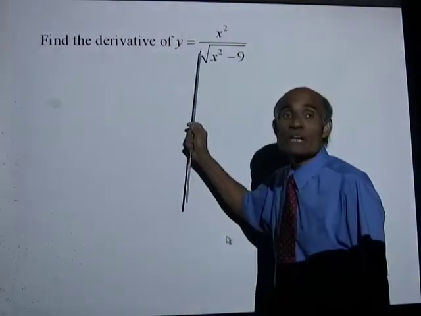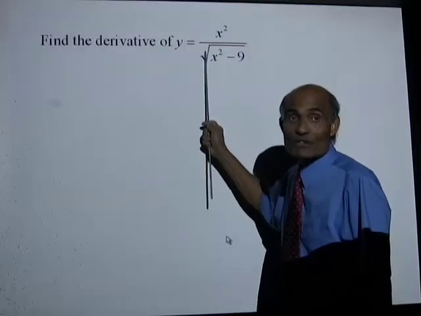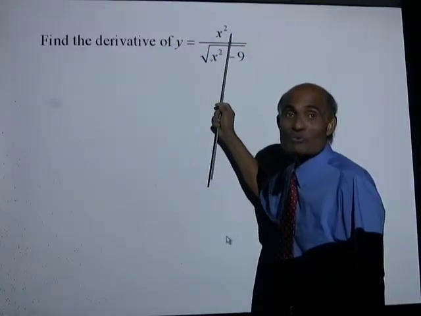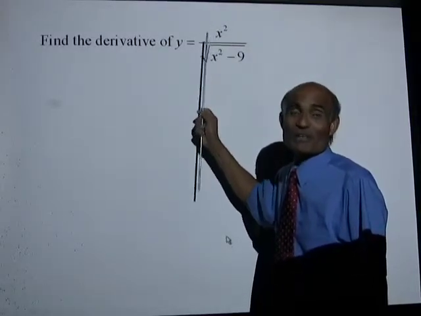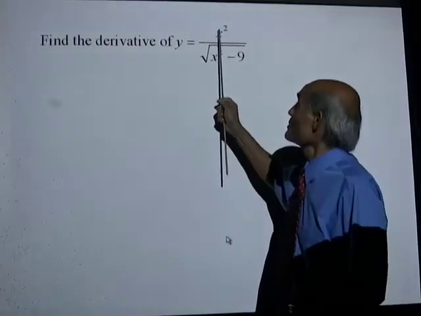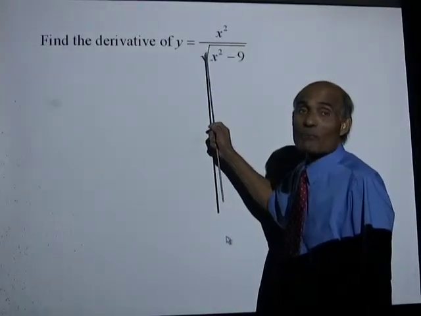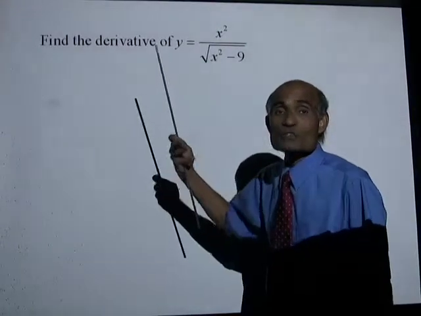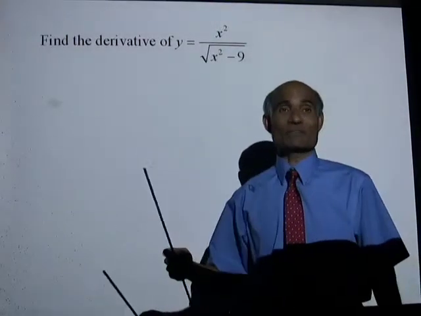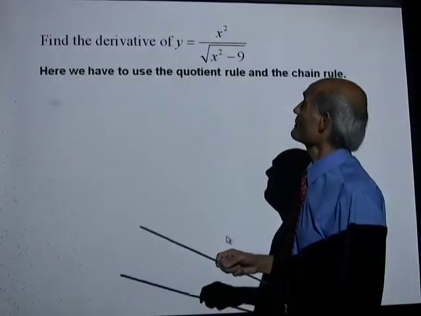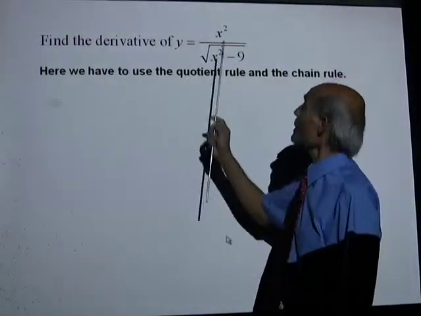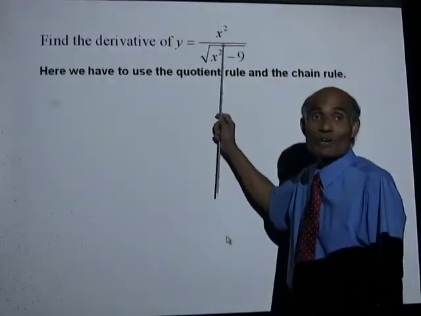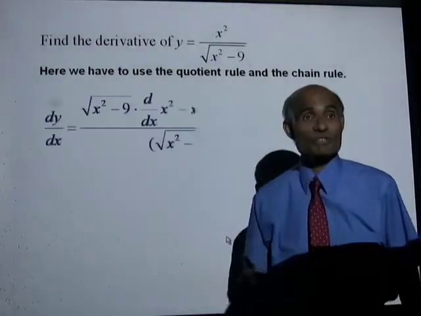The quotient rule is denominator multiplied by derivative of the numerator minus numerator multiplied by derivative of the denominator, all over square of the denominator. All right, let's practice that. So we have the quotient rule and the chain rule because of the square root of a quantity.